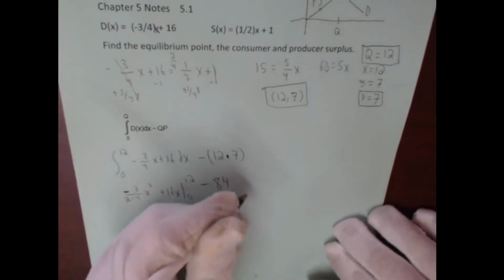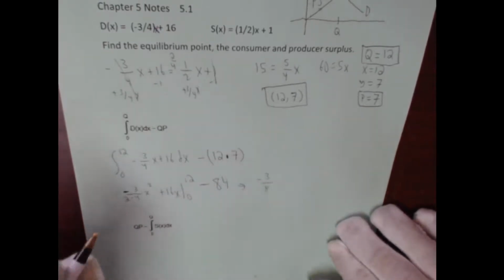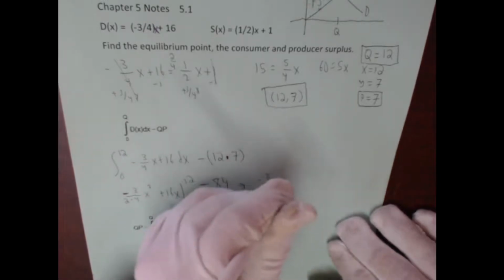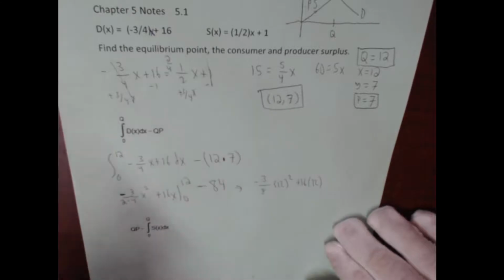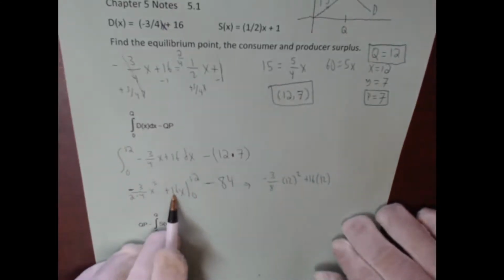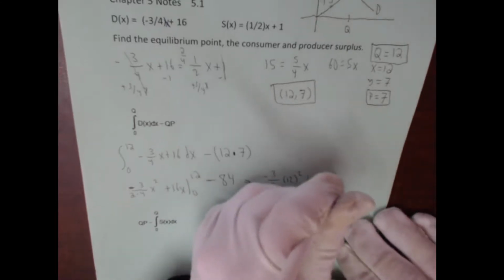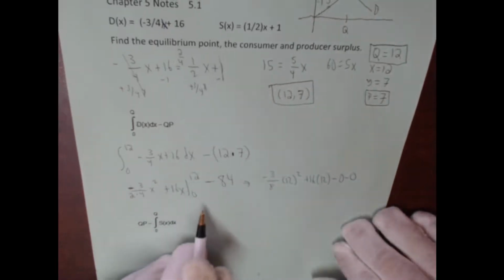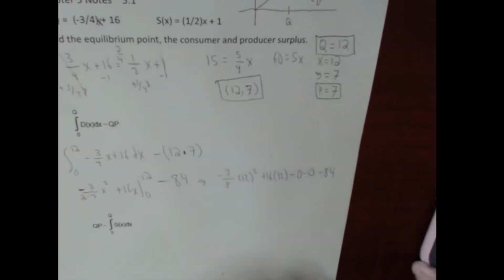Now we just evaluate the integral. So that's going to be negative 3/8 times 12 squared plus 16 times 12. And what's nice about this, that's me plugging in the 12. What's nice about this is if I plug in a 0 and a 0, that's just going to be minus 0 minus 0. And then we have minus 84. And that's it.